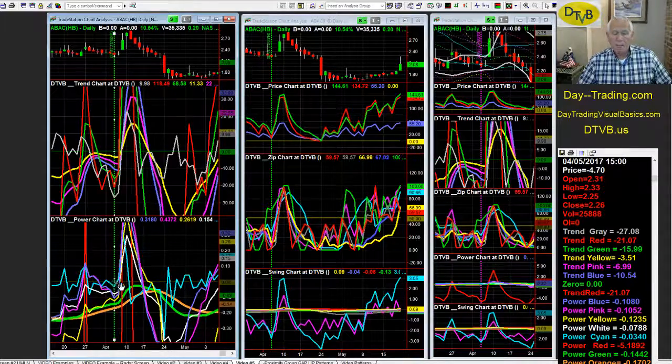And that's probably why we have the power Zion up above the power 4, your power 4 being your pink, blue, white, and yellow. So the fact that it's up above it is not unusual in our determination for a gap up pattern.